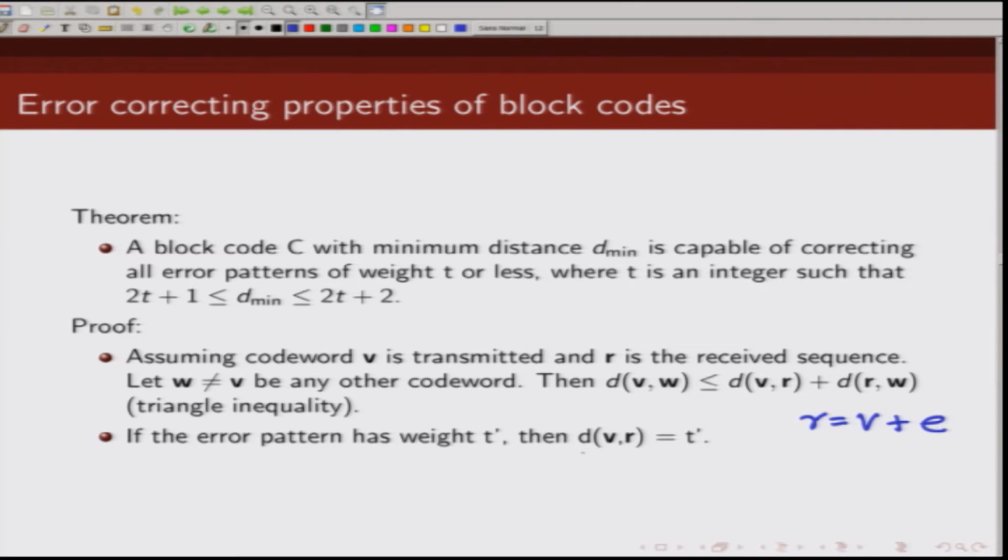So, the Hamming distance between V and R is the weight of this error pattern, which we denote by t dash.